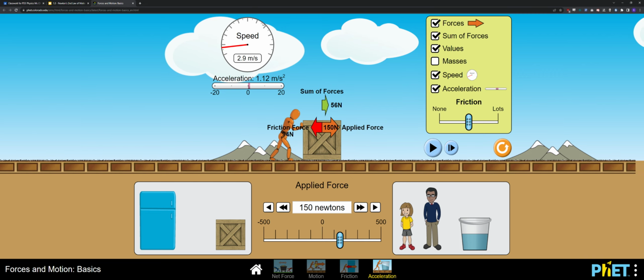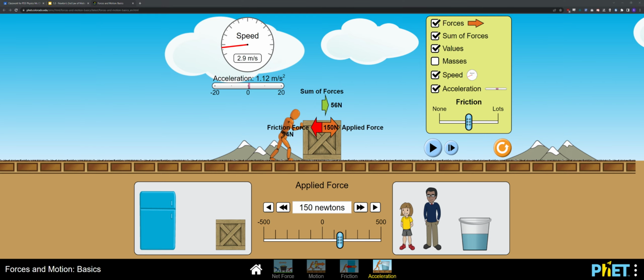I want you to pay attention to what's happening to your speed when your net forces are unbalanced, right? My net force is unbalanced right now. My net force is not 0. My net force here is 56 newtons. As you can see in the middle, the sum of all my forces is 56 newtons.